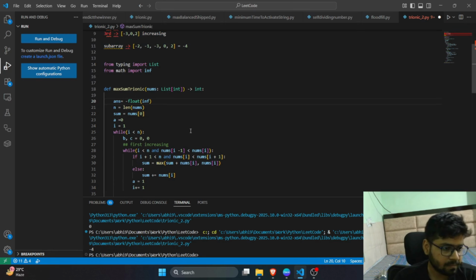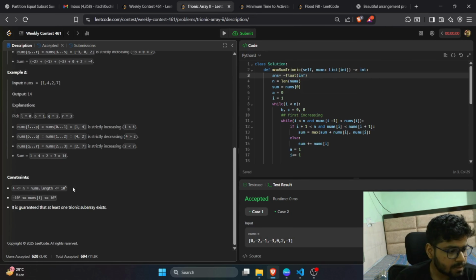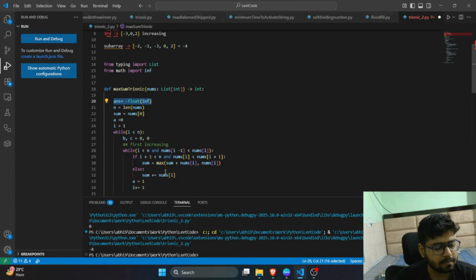First of all, we will initialize answer as negative infinity, because the range of the numbers is -10^9 to 10^9, so the sum will need to be long. We'll take answer as minus infinity so that we can maximize the answer. And n will be the length.